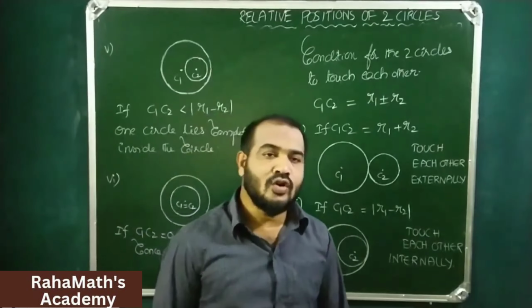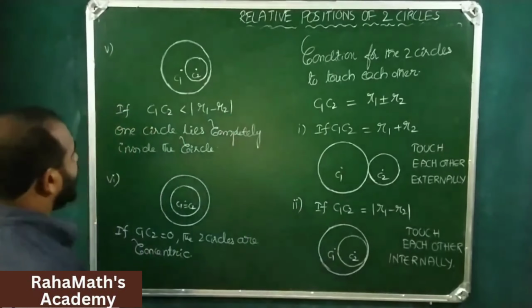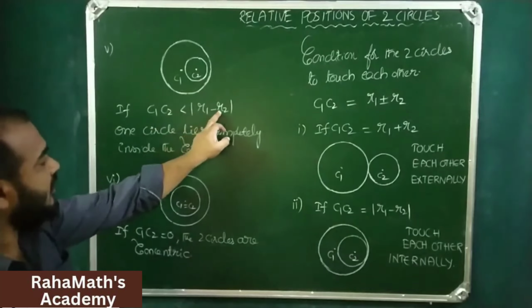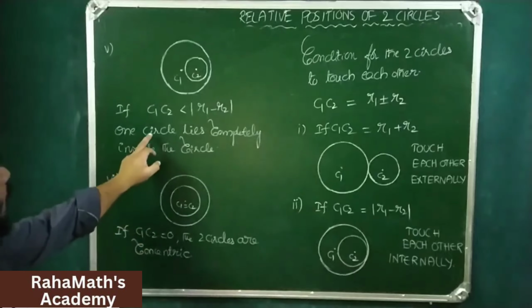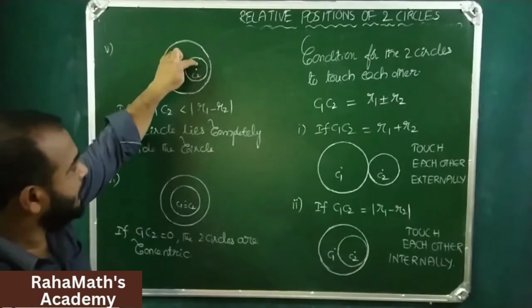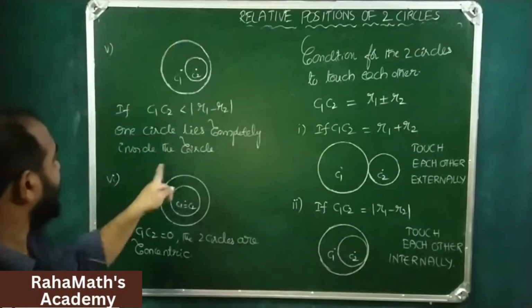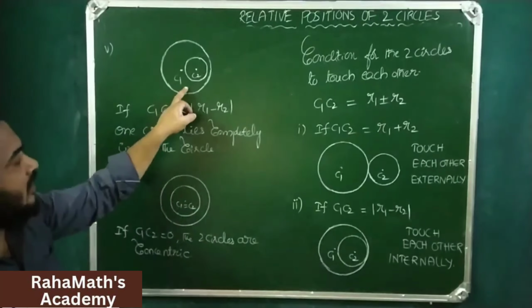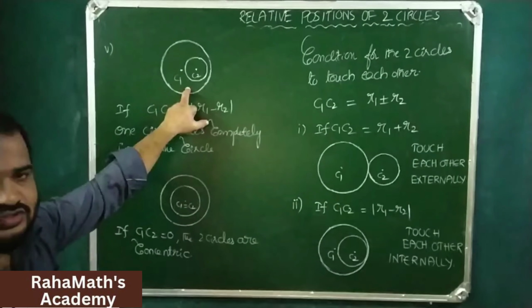And the two remaining conditions: if C1C2 is less than R1 minus R2, one circle lies completely inside the other circle. Okay, and here no common tangents are possible.